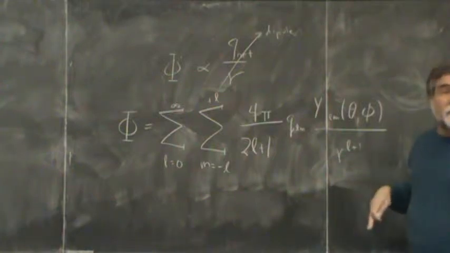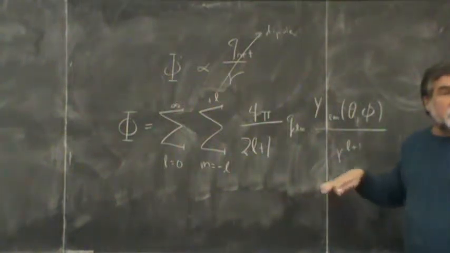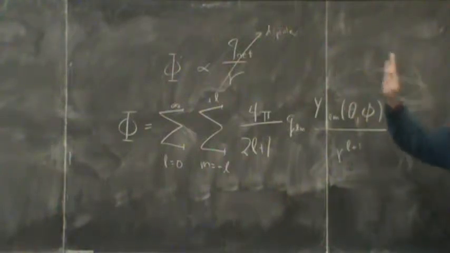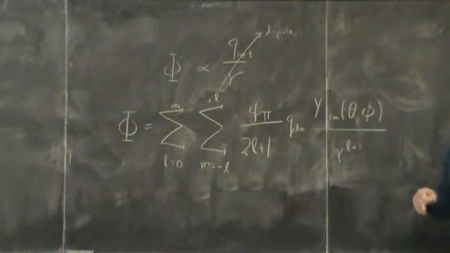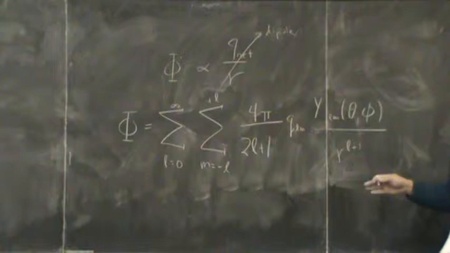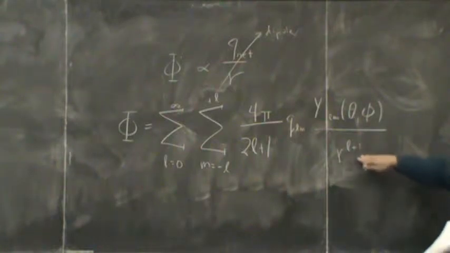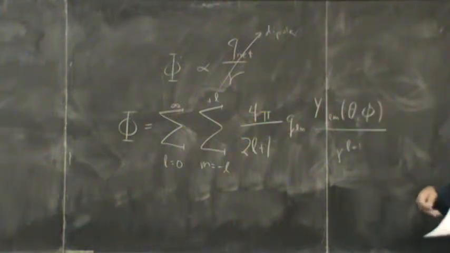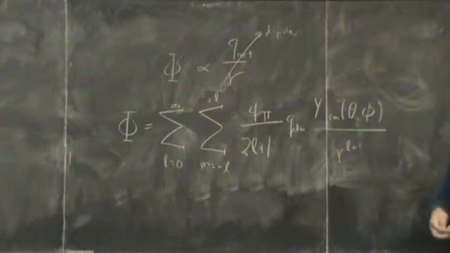So if there's net charge, I'm only going to have the 1 over r term when I get far enough away. That immediately tells me there's net charge there. If it's a dipole, we'll work this one through, it'll turn out that there's a 1 over r squared term here, and the harmonics will also confirm the direction in which the dipole points.